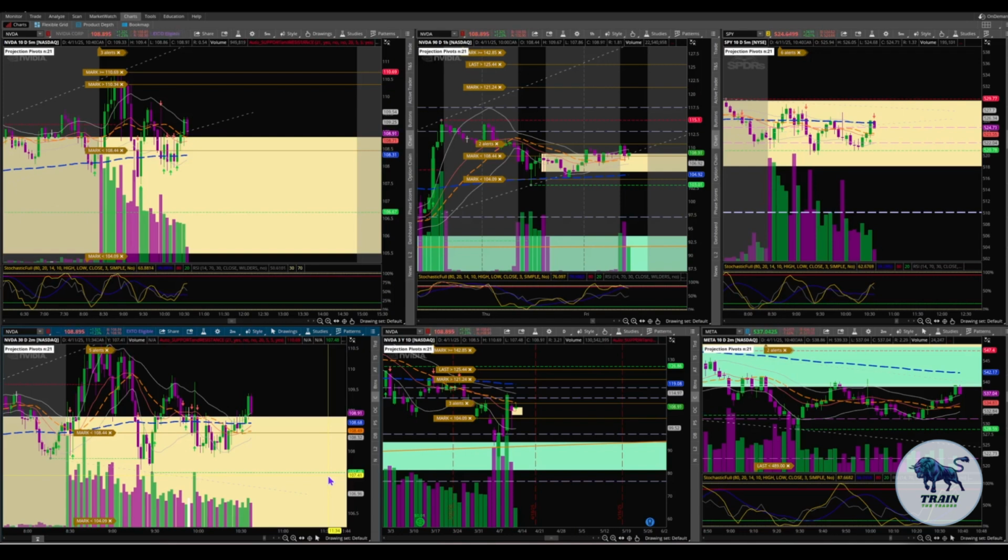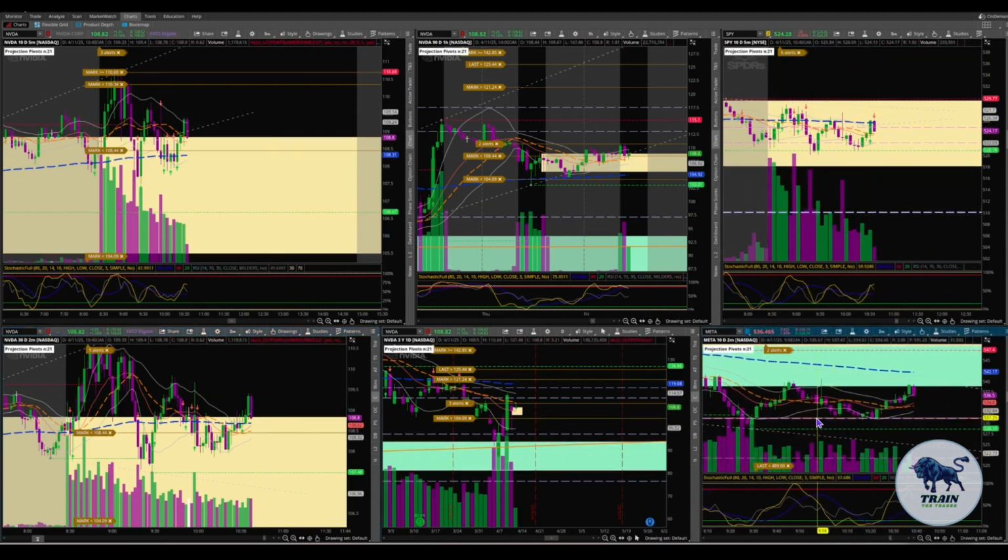Here's the only thing that's stopping us from breaking out. I'm looking at this: is SPY rejecting off of the 200 on the 5 minute chart? That's not good. We need SPY to break out too before Nvidia, because as SPY goes, Nvidia will go. Same as Meta, same as Apple. They all tend to work in the same direction.